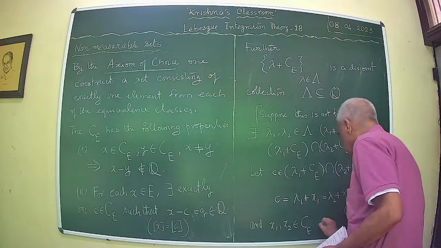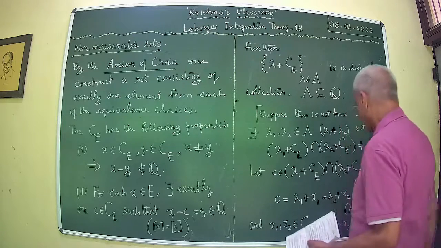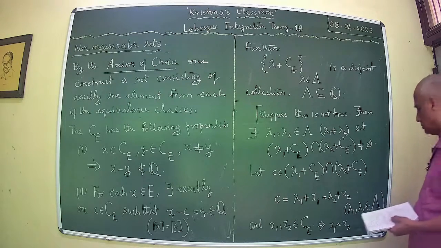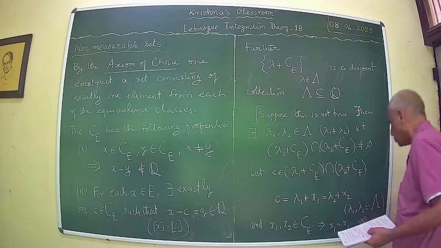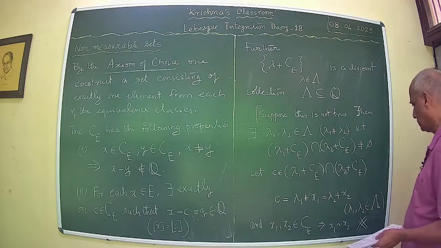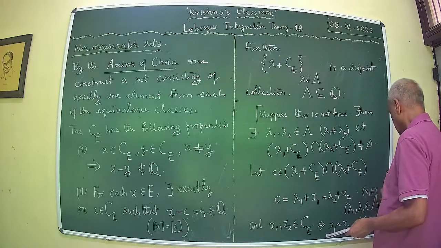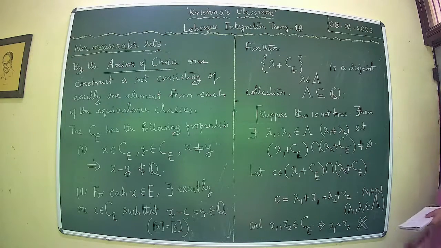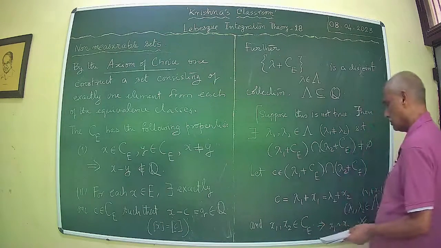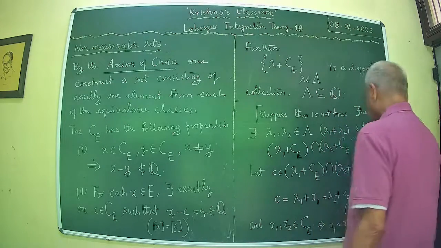It means x1 is related to x2. This is the point. There are two elements unless they are equal. Okay? Unless they are equal. So that's a contradiction.